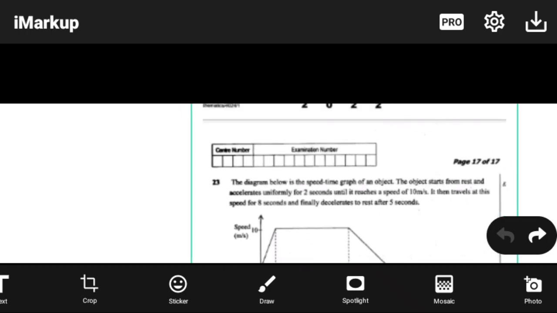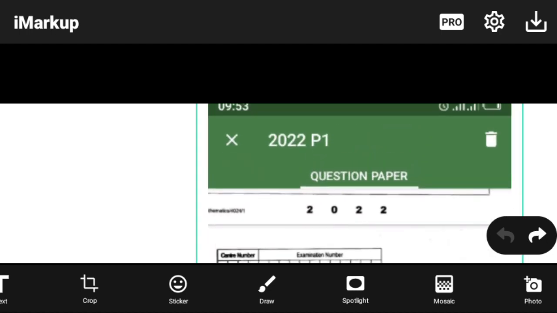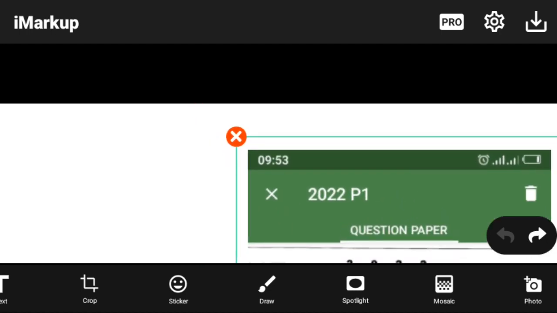So let me just draw this speed time graph. So it means I'll get rid of this question paper, then I draw my speed time graph there.